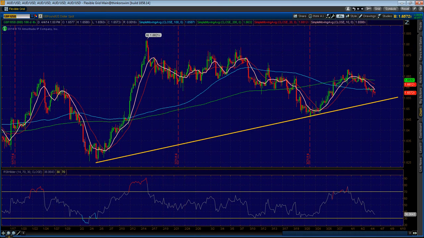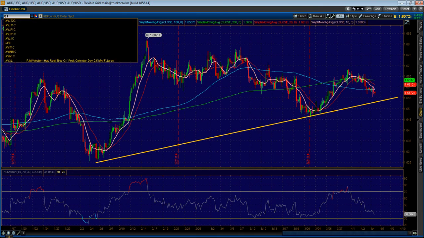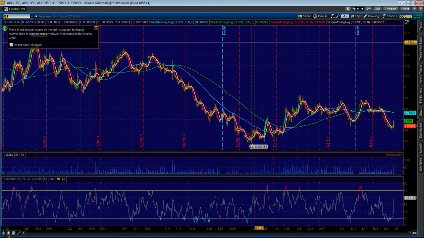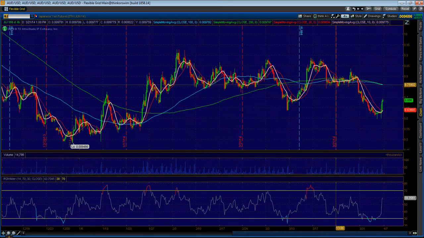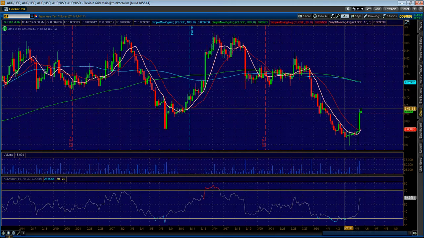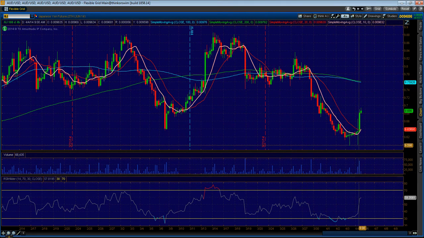But let's look at also the yen futures from a moving average standpoint as we begin to eye yen crosses for longs across the board, right? I do like the fact that we actually are seeing a 10 period crossover above the 20 period SMA. Nice shakeout of the wicks to shake out the early longs.